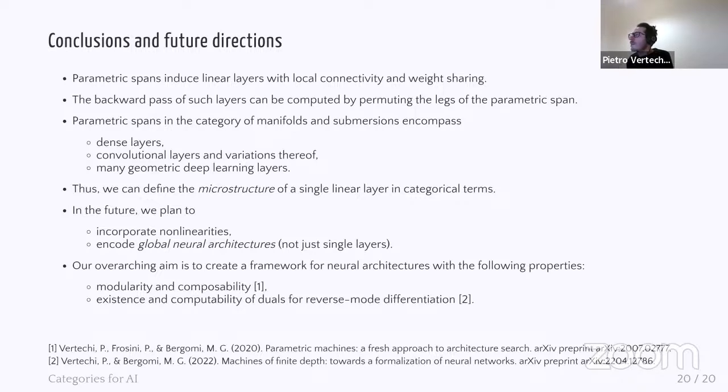So to make it a framework that is easy to implement on CPU and GPU in practice.